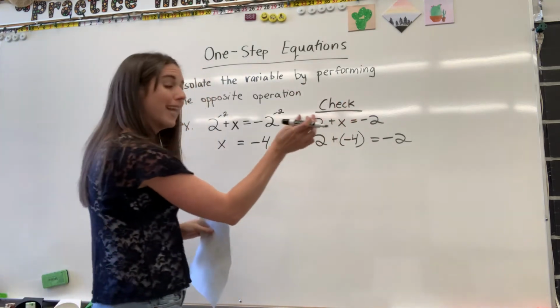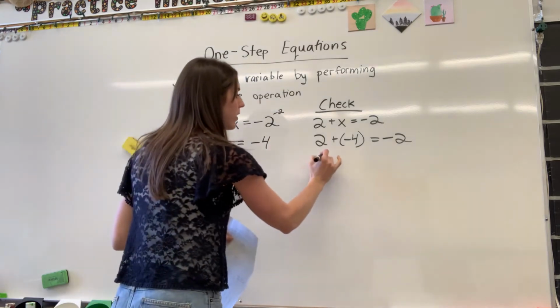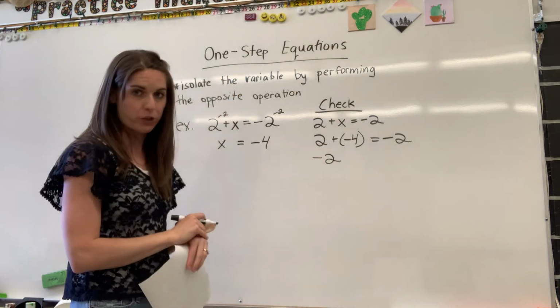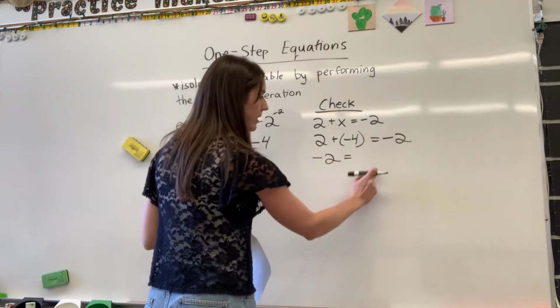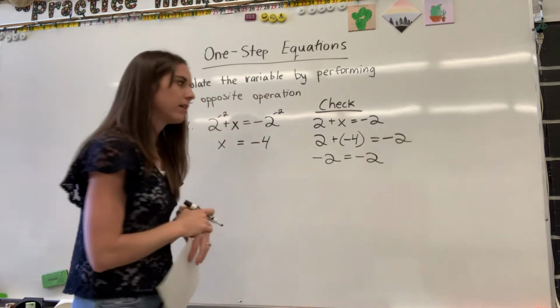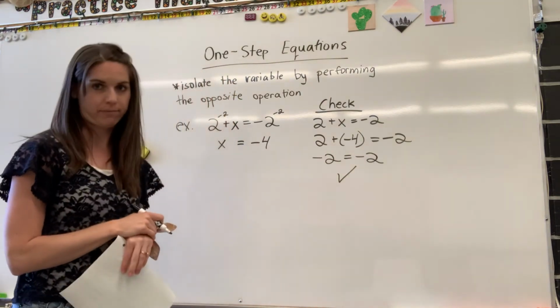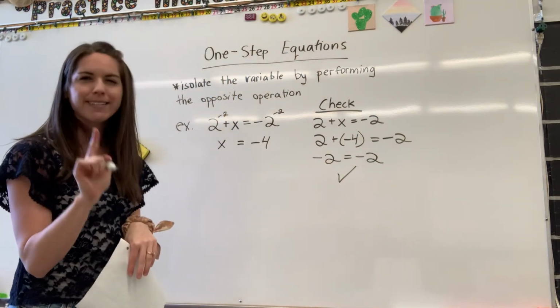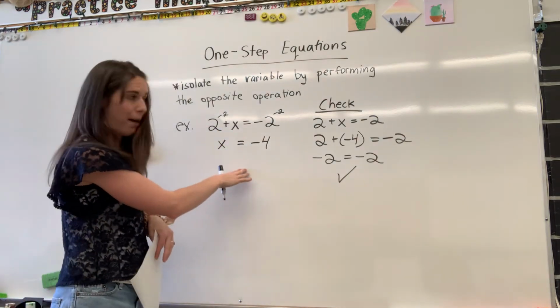So 2 plus -4, you go backwards. You're going to end up at -2 again. So -2 equals, carry this guy down, -2. So did you do it right? You did. Good job. Let's say you made an error over here, which can happen.